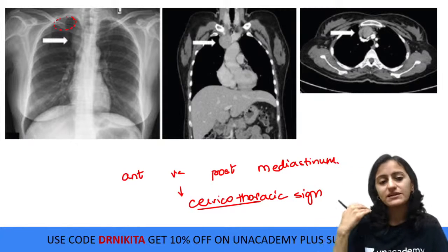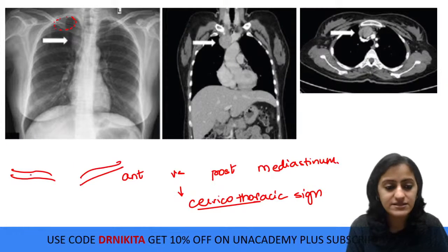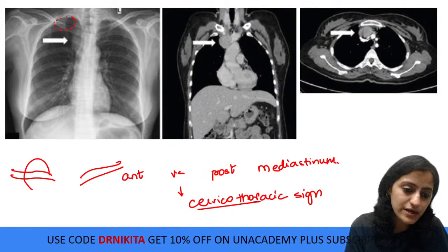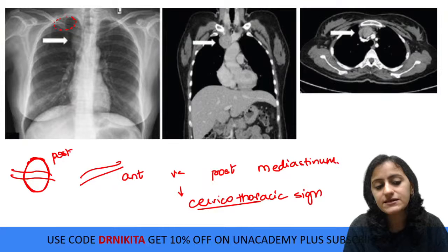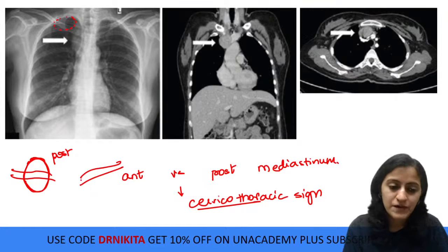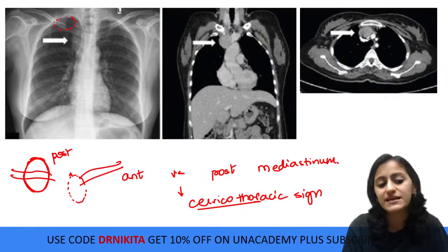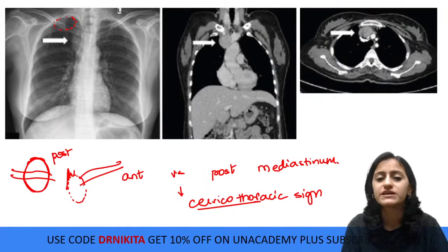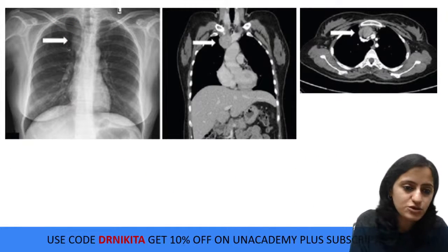So if these are the clavicles, and you see that the mass is going above the clavicle and has a well-defined border above the clavicle, that tells you that this is a posterior mediastinal mass. While if you see a mass which is just ending at the level of the clavicle, getting merged with the soft tissues of the neck, then that mass is in the anterior mediastinum, like we are seeing in this case. So you can see that there is a mass on the right side.